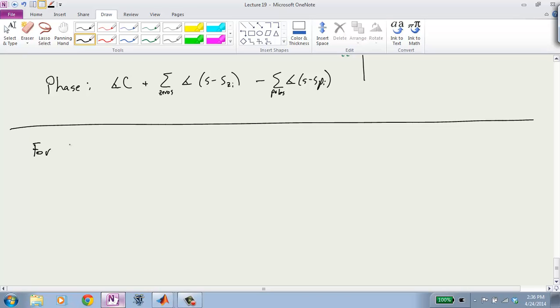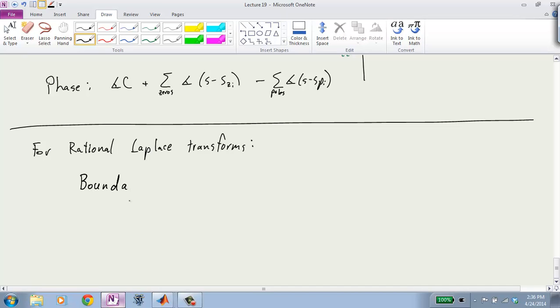So for rational Laplace transforms, the boundaries of the region of convergence are just those points.